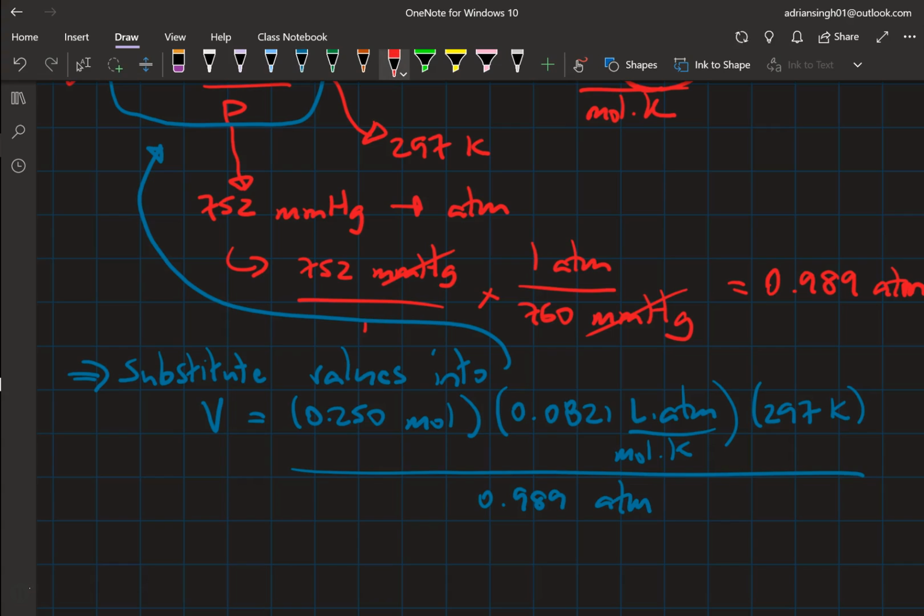If we look at our units, moles cancel here, Kelvin cancels there, and atmospheres cancel up there. So the only unit we're left with now is liters, and that's great because that's what we wanted to find.